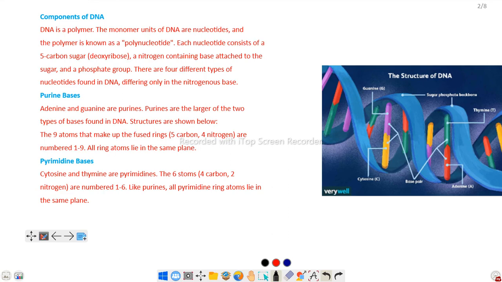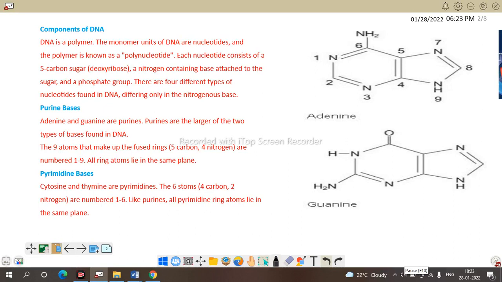Then what are the purine and pyrimidine bases? Adenine and guanine are purines. Purines are the larger of the two types of bases found in DNA. So here is the structure of a purine and pyrimidine.